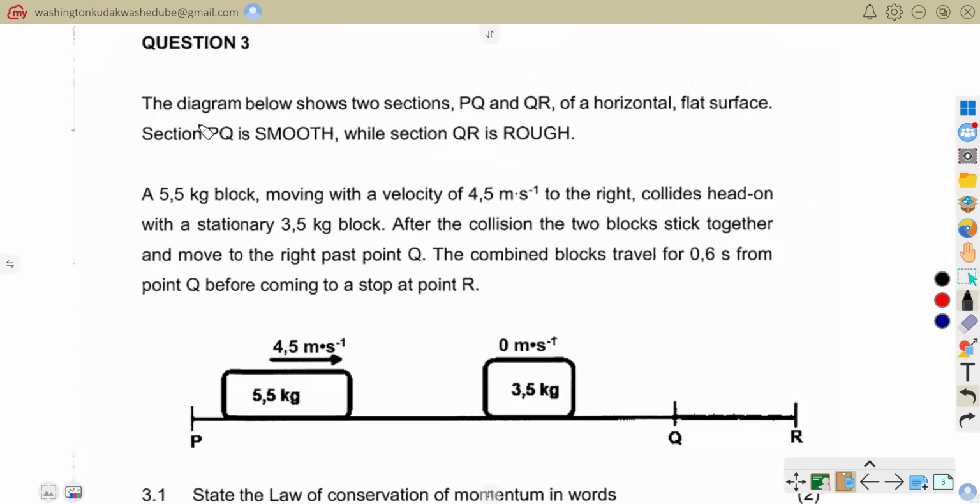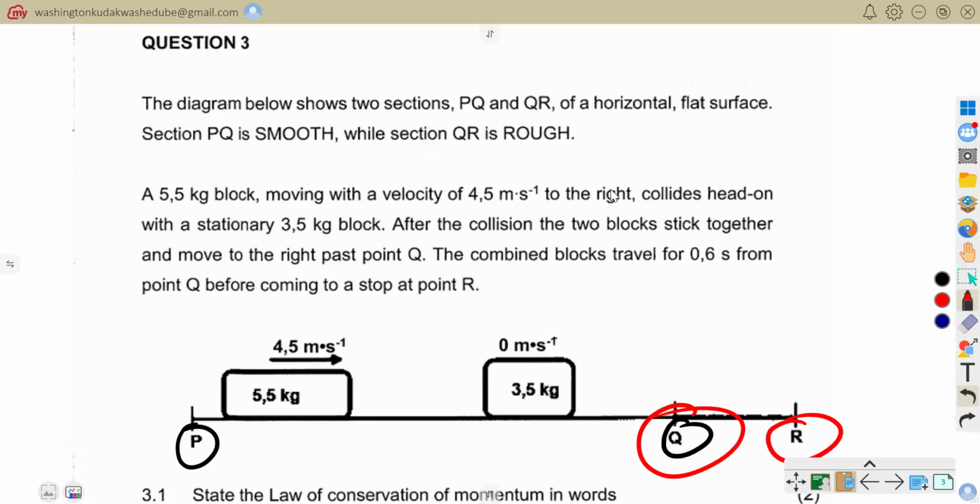The question says the diagram below shows two sections, PQ and QR, which is a horizontal flat surface that is smooth from P to Q, while section QR is rough.